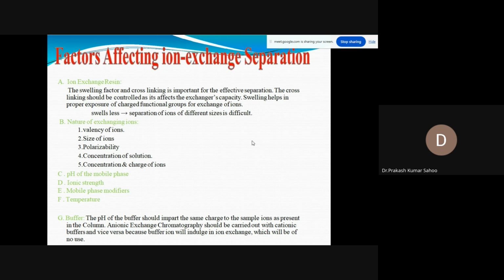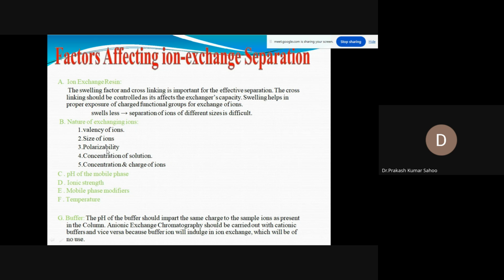And this is also one application of size exclusion chromatography, which we will discuss in the latter part of today's discussion. Then the polarizability, this is very important because the polar molecules get separated by this method very easily.